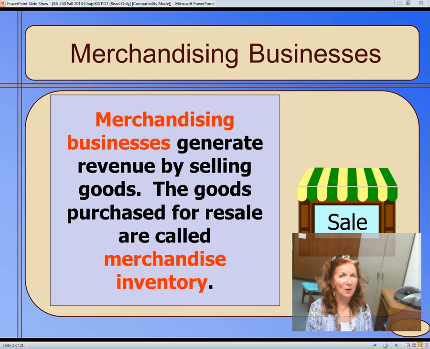And so you might see periodic on the tax return, and when you're having discussions about the tax consequences of decisions, people will be talking periodic inventory.